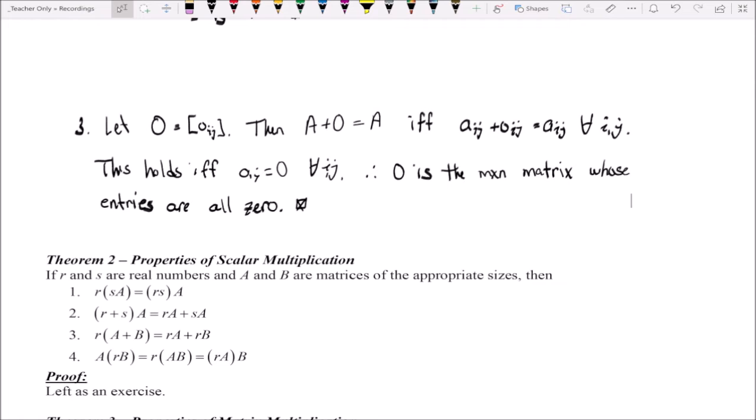So what this one is saying is that scalar multiplication also distributes across matrix addition. And the fourth property, A times (RB) is equal to R(AB), which is equal to (RA) times B.